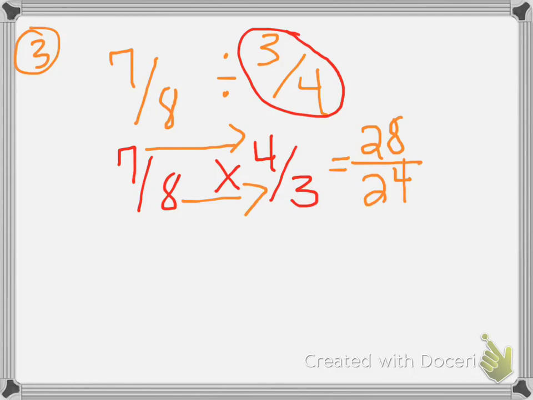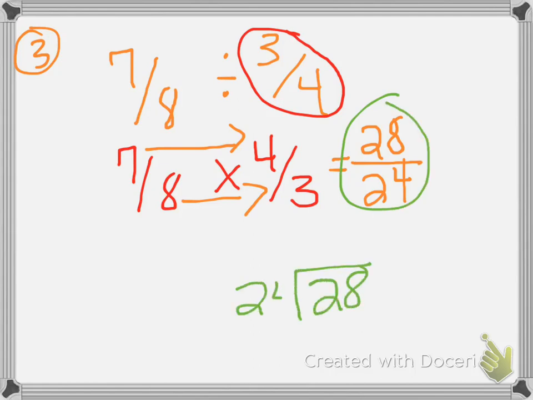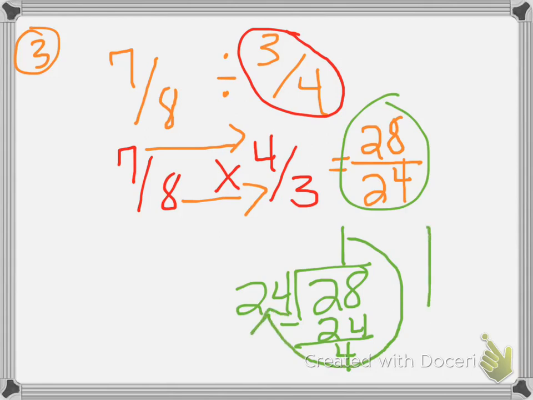So to solve an improper fraction, we simply divide. 28 divided by 24. 24 goes into 28 one time, leaving a remainder of 4, making our mixed fraction 1 and 4 over 24.